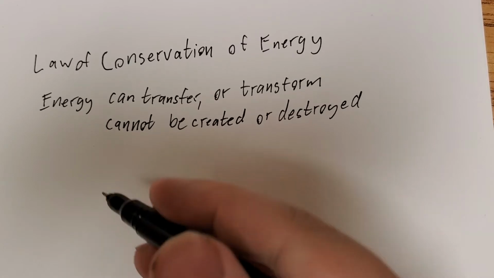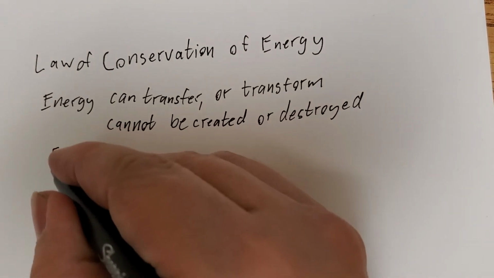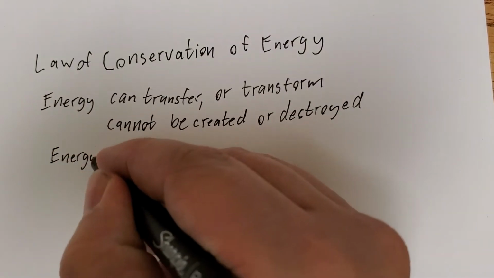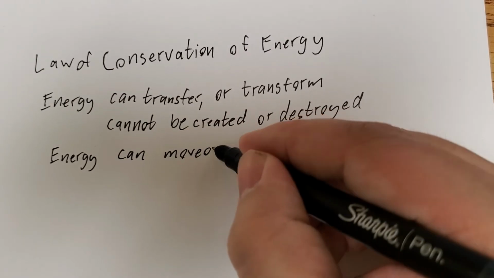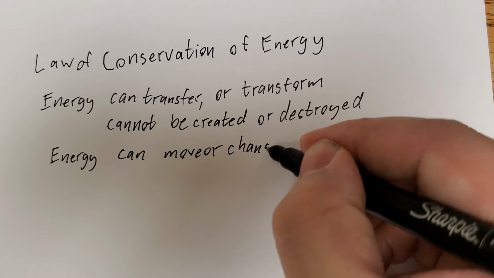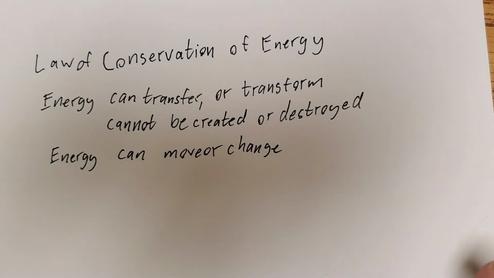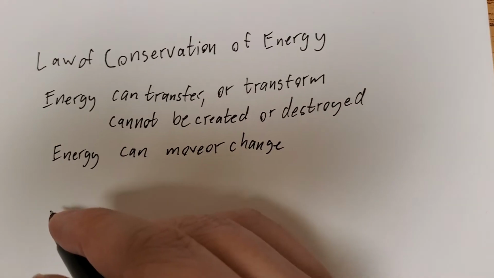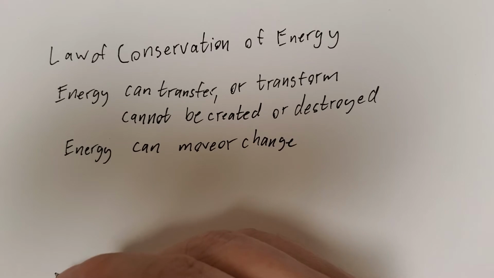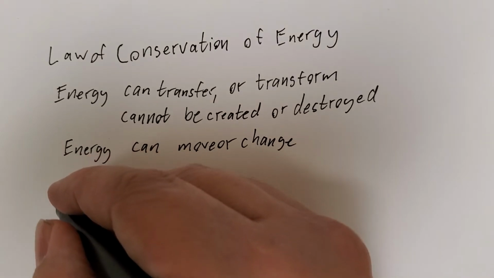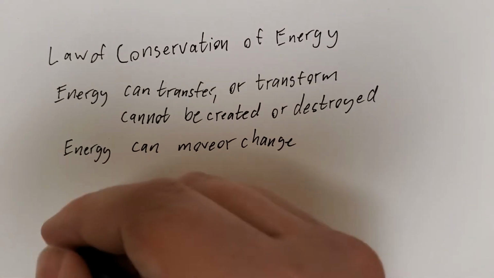Okay, so basically all it says is that energy can move or change, and that's it. Okay, so when we're looking at this in terms of when it is transformed or transferred, all the energy inside our system will stay the same.